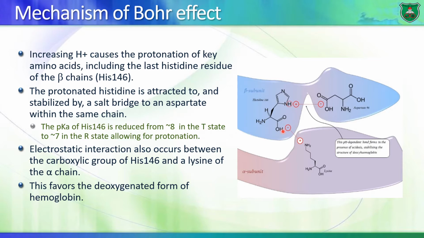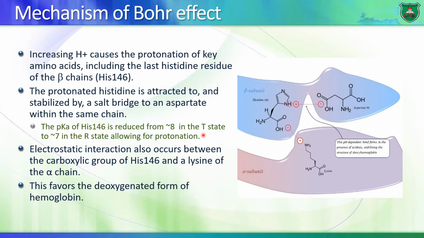Now, there is something quite interesting about the pKa value of histidine 146. So let me define first what pKa is. The idea is that pKa is the pH when the concentration of the conjugate base is equal to the concentration of the acidic form of a weak acid.